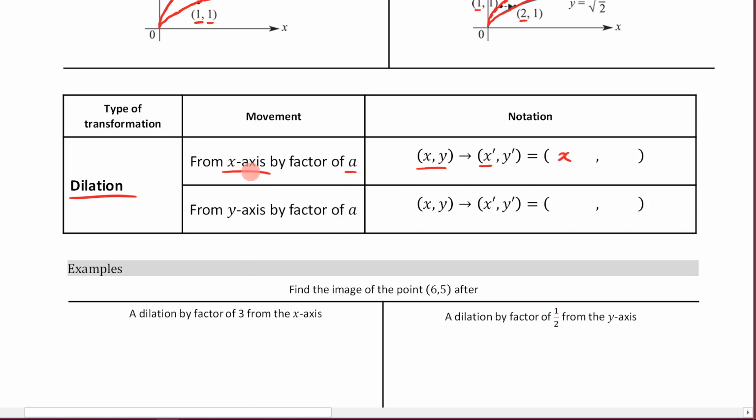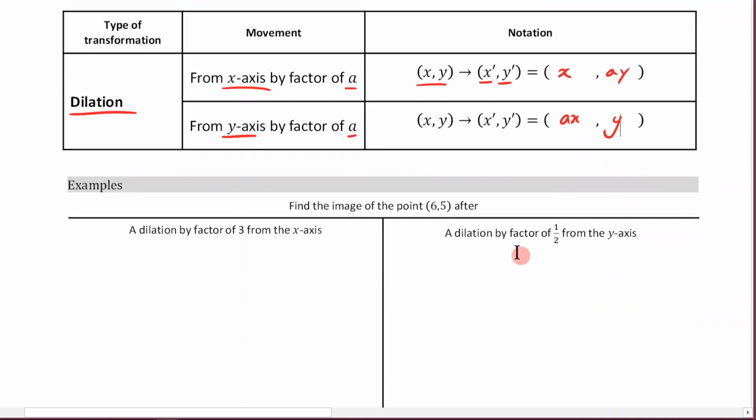It is my y value that changes, so y dash is going to become a times y, so ay. If I'm dilating from the y-axis by a factor of a, then it is my x dash that is going to be ax. So it is my x value that changes, and my y value stays the same, so y dash is going to stay y.